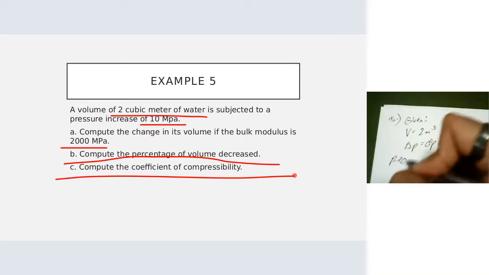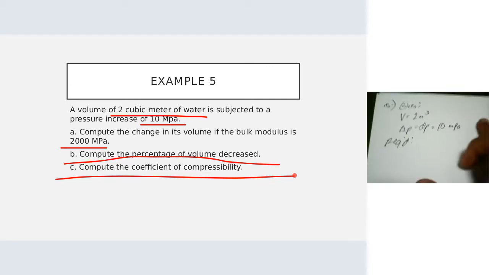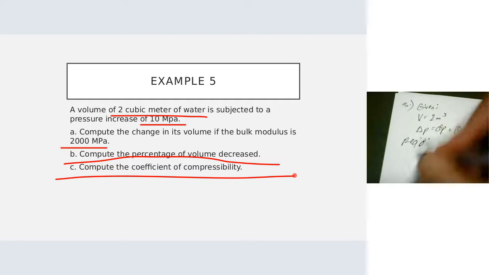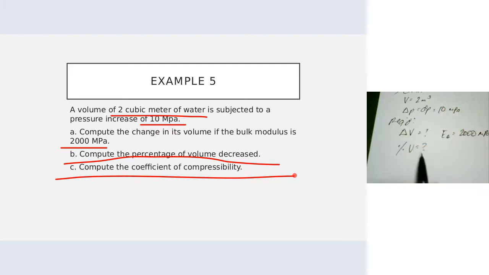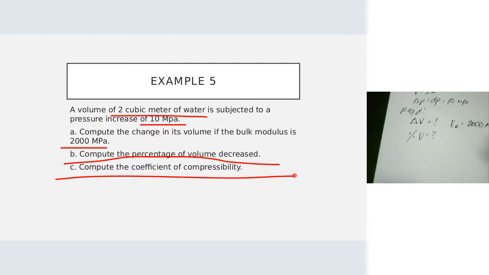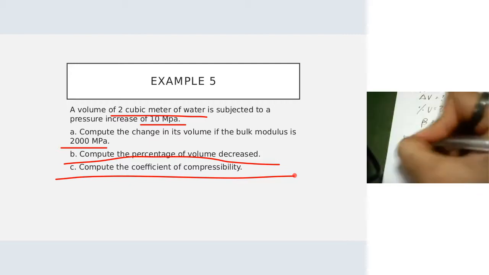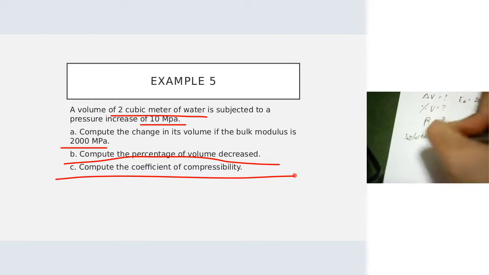And then the required are your change in volume if the bulk modulus is 2000 MPa, percentage of volume decreased, and the coefficient of compressibility. Okay, so let's solve.